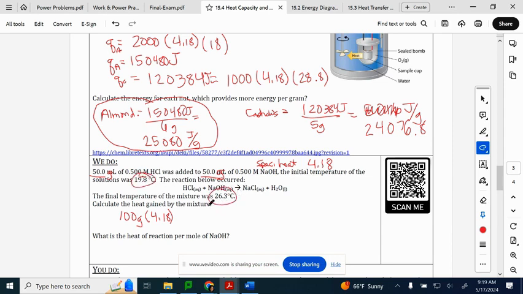So 19.8 and 26.3. So it's 6.5 is my delta T. So we're going to calculate our Q value. 100 times 4.18. So I got my Q value equaling, and check my math because I've already made a mistake today. That's going to be joules.